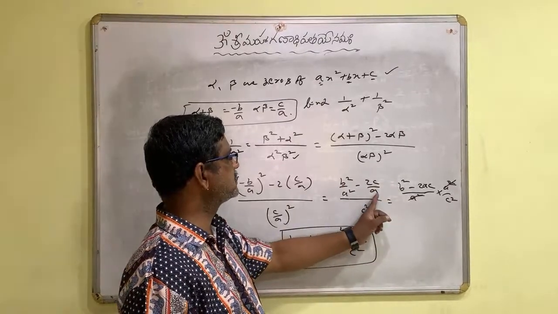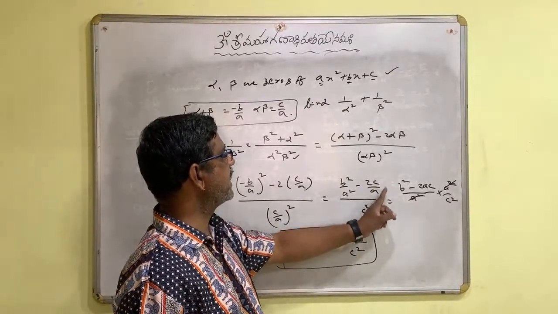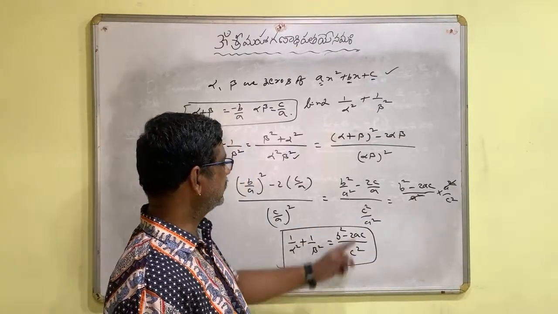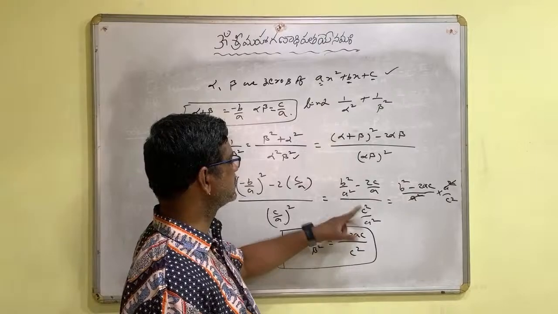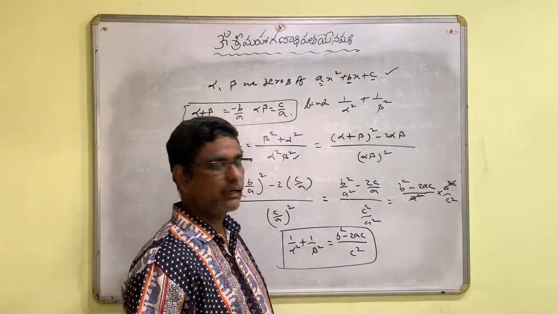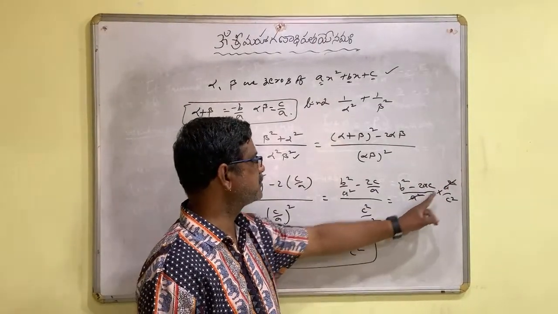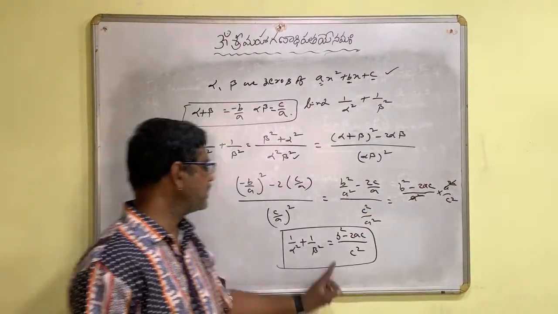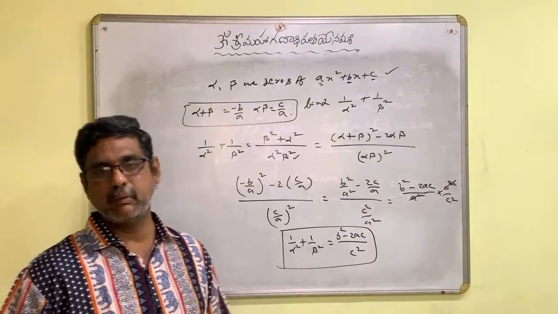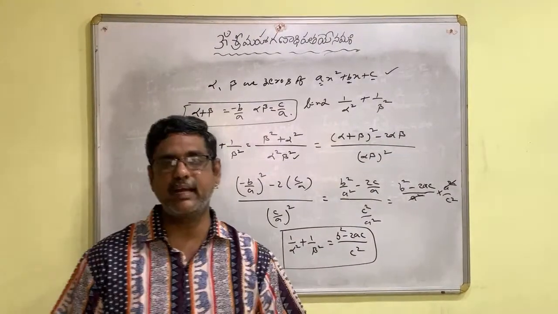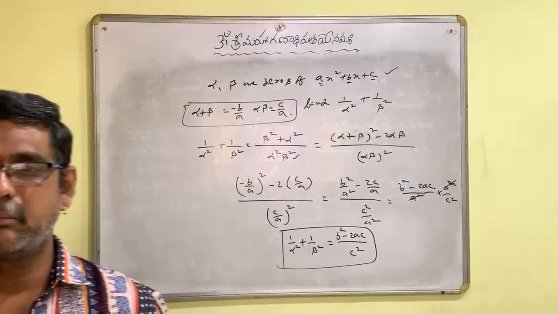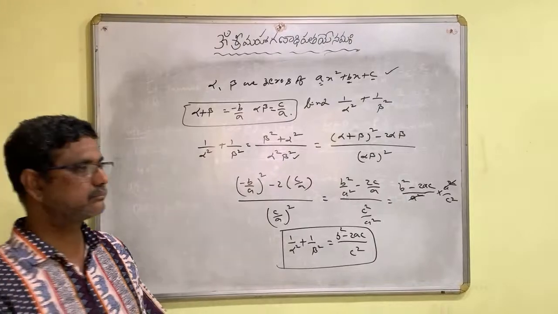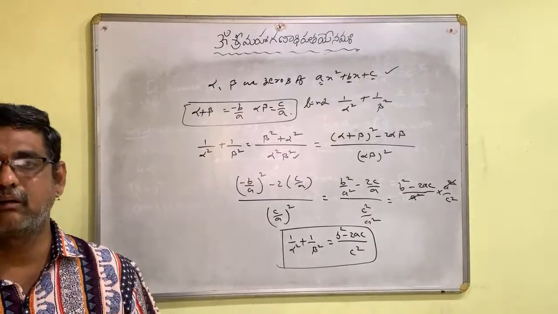So b square minus 2ac by a square, and the denominator gets reversed: a square by c square. A square gets cancelled. So remaining is b square minus 2ac by c square. So 1 by alpha square plus 1 by beta square is b square minus 2ac by c square. Okay?